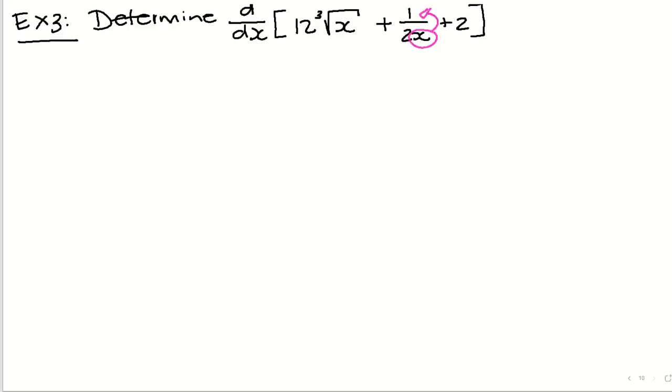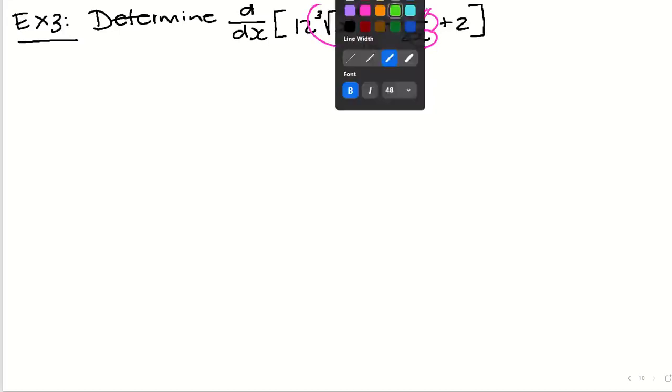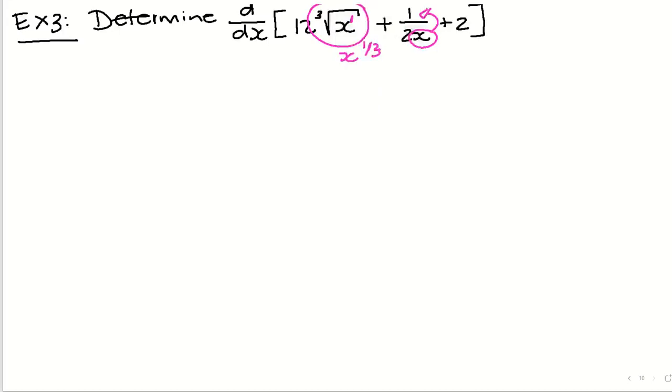We have to bring it up to become a numerator. And this, according to our surds rule, is the same as x to a third, right? Because it's got an exponent 1 here and you divide by the root on the outside. So let's try and simplify this down before we actually apply the derivative. And only when we apply the derivative do we drop this value.